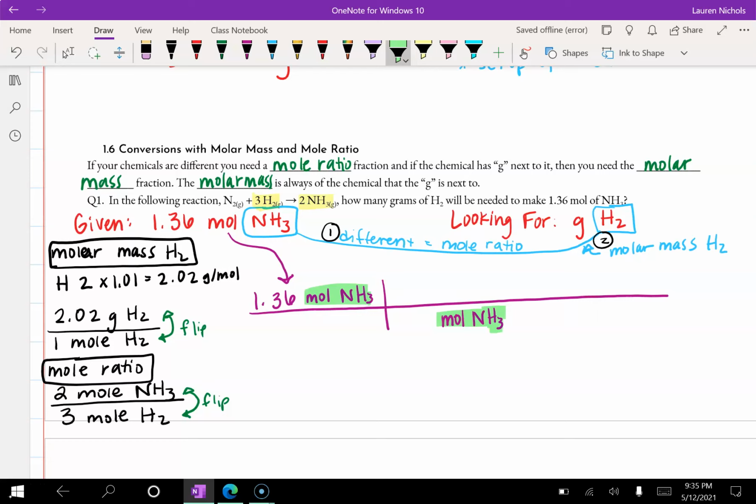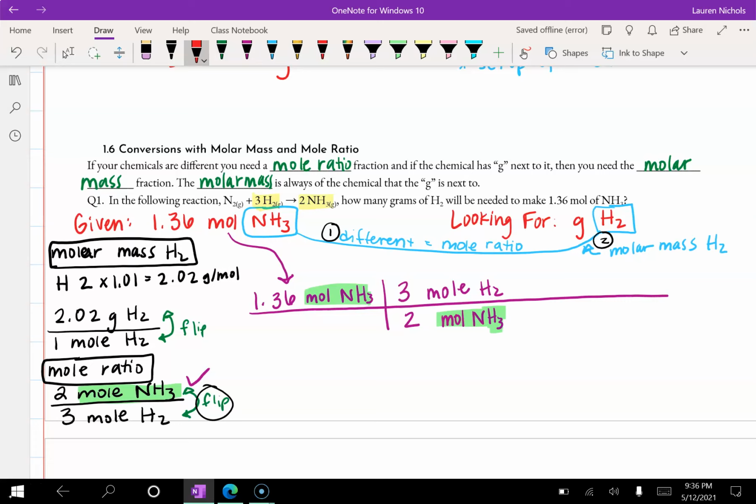We only have two options: I can use my molar mass fraction, or I can use my mole ratio fraction. If I look for the words mole NH3, it is only right here, and it's at the top, which means I'm going to have to flip it. I'm going to need to put 2 moles of NH3 at the bottom and my 3 moles of hydrogen at the top. Now that I've used it, I can't use it again.